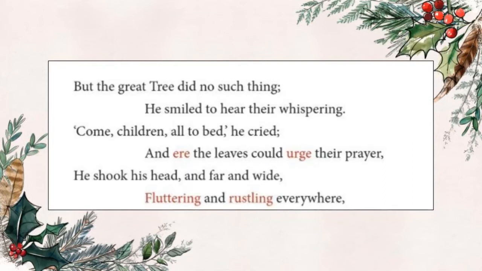The tree thought that before the leaves persuade something to us, make them sleep. When the tree shook his head far and wide, there is an irregular motion, and the dry leaves made a soft sound by their movement everywhere.